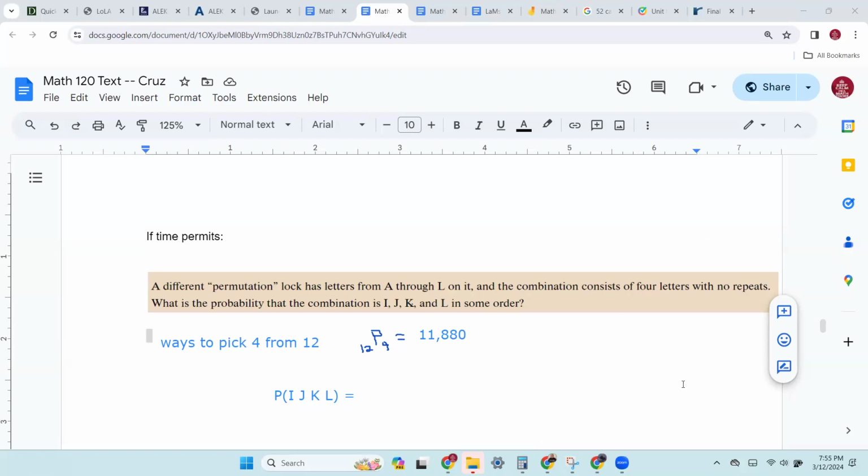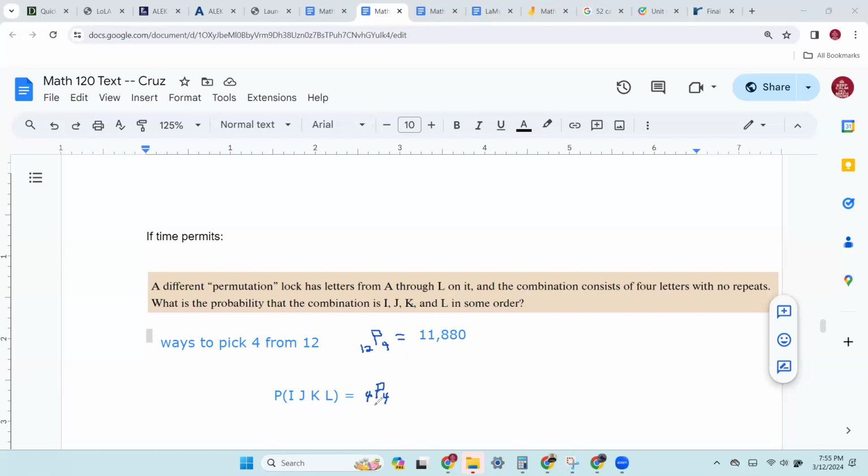So what we're going to do is, in our numerator, we're going to put 4P4. So our 4 letters in our combination code are limited to these 4.